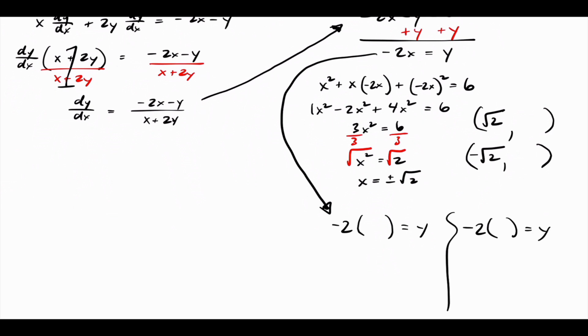So I'm going to plug in positive root 2 and negative root 2. The first one I get negative 2 root 2. I can't multiply them since one's on the outside and one's on the inside. The other one I can multiply negative times a negative and make a positive 2. So when I plugged in positive root 2, I got negative 2 root 2.